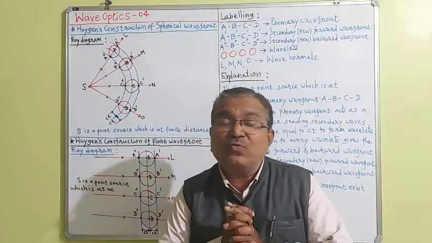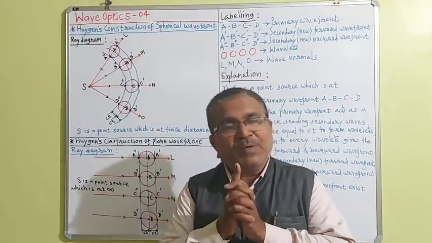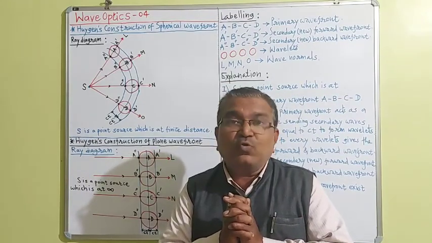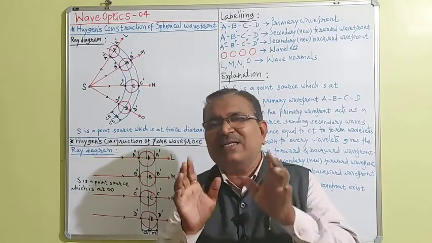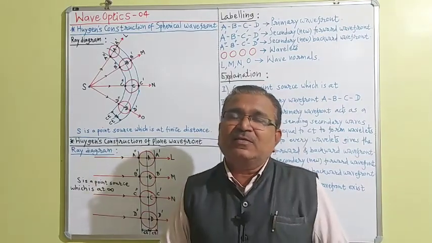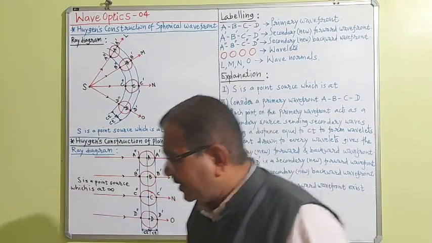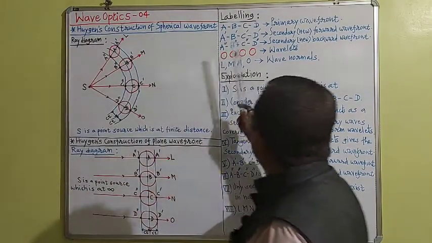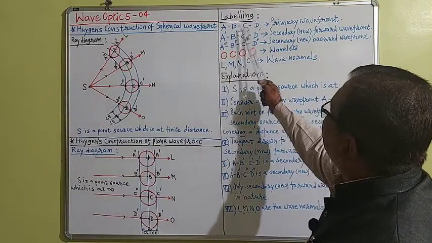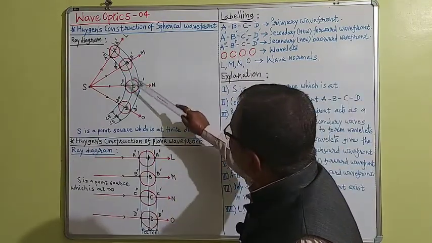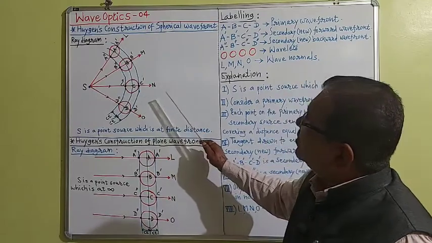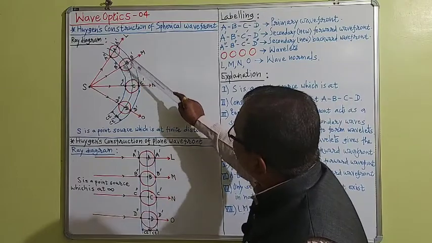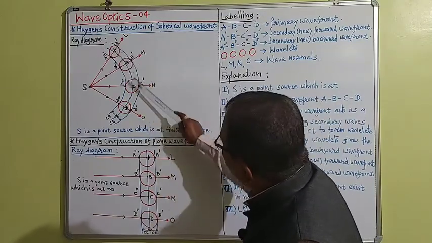How do we write the explanation? But before that, how should we write the labeling? Commonly, 2-in-1 labeling. It is a trick for your understanding to make physics very easy. See here, I have written labeling A, B, C, D. We will discuss first the Huygens construction of spherical wavefront. A, B, C, D is a primary wavefront.